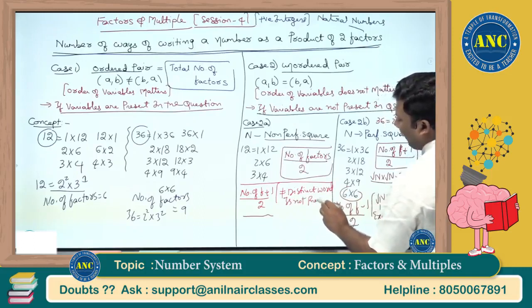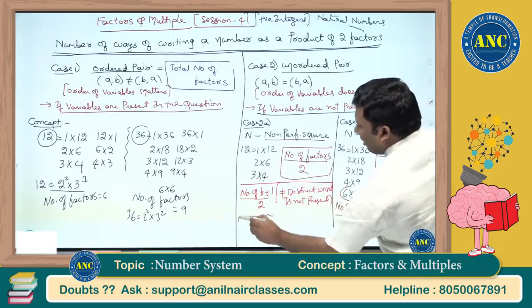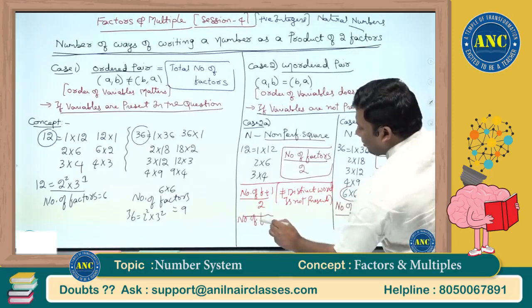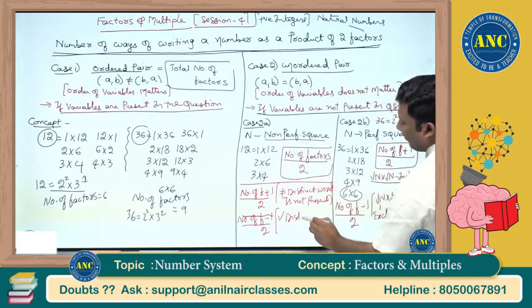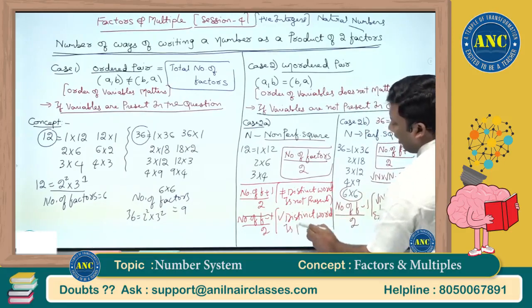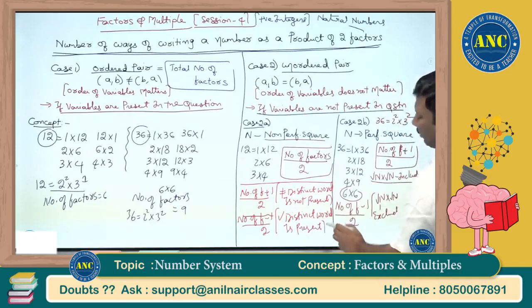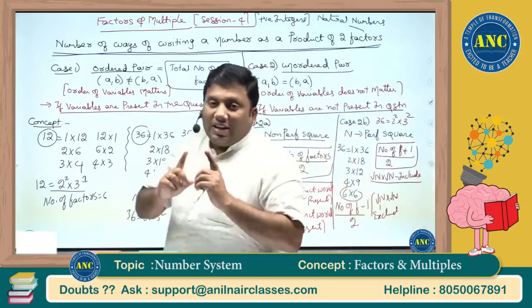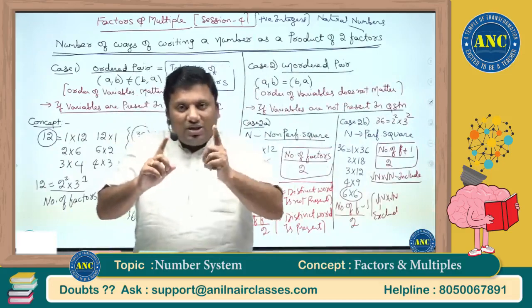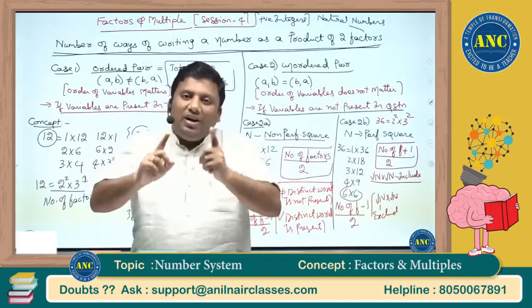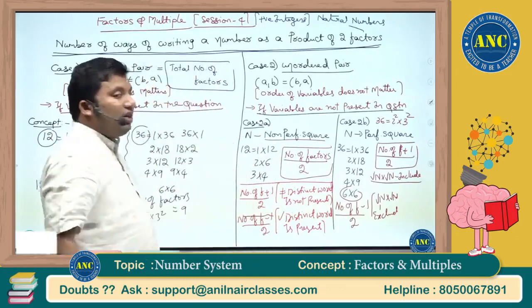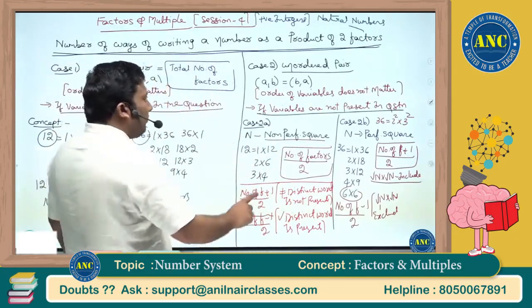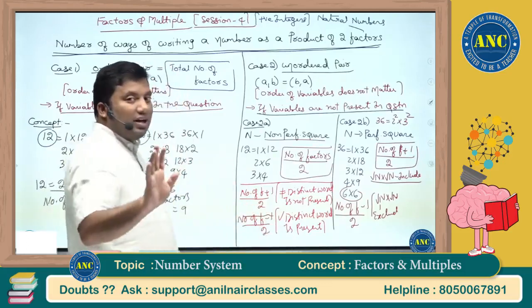Otherwise, if the word distinct is present, use number of factors minus 1 by 2. Distinct: 36 can be written as 6 into 6, and 6 and 6 are both the same. If he is asking in how many ways can you write a number as a product of two distinct factors in an unordered pair, then it is number of factors minus 1 by 2.